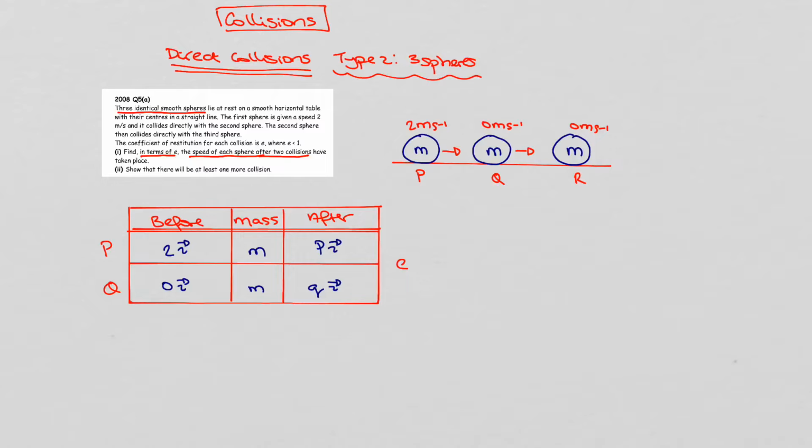So we're going to use our 2 equations, the principle of conservation of momentum and Newton's experimental law of restitution, to set up our 2 simultaneous equations and then solve for the velocities after the first collision. So if we do the first one here, we have our principle of conservation of momentum. So M1U1 plus M2U2 equals M1V1 plus M2V2.